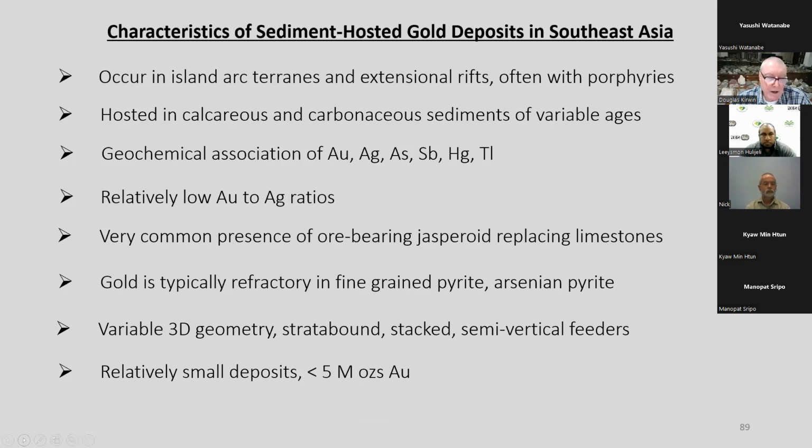Clearly, if these are refractory in their primary source, then the gold grades have to be significant in order to substantiate either roasting or bioleaching. So if one was to find one of these deposits, what you would like to find is one that's oxidized.